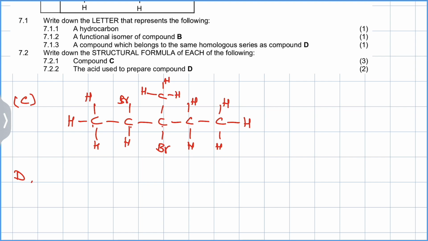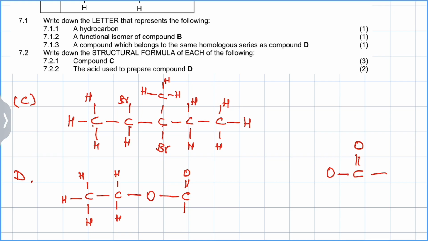Remember, the functional group for an ester is C double bond O, and that same C is bonded to O. So for the ethyl, we have CH3 and then CH2, and then the functional group, that is O, and C double bond O, and then we bond with another C because it's an ethanoate, and then that is CH3.